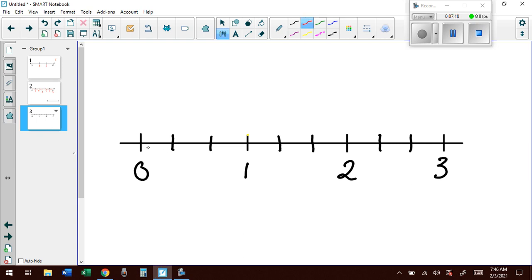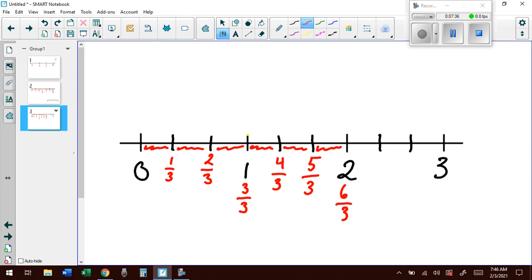We know that this is colored in 1/3, colored in 2/3, colored in 3/3, colored in 4/3, colored in 5/3, colored in 6/3, colored in 7/3, colored in 8/3, and colored in 9/3.